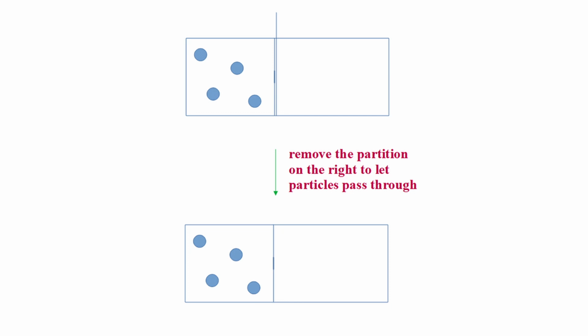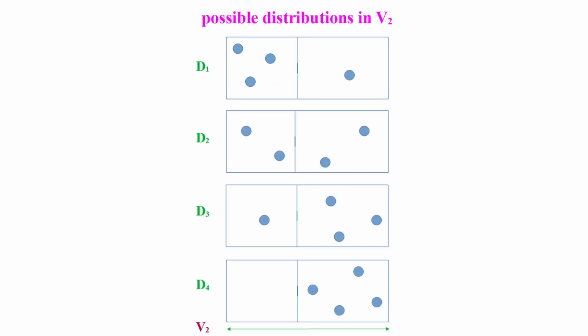This results in various possible distributions corresponding to the larger final volume V2. It can be seen that there are totally 4 possible distributions which we will refer to as D1 through D4.